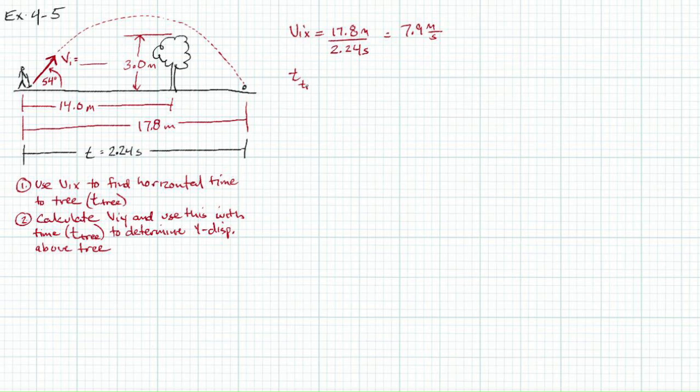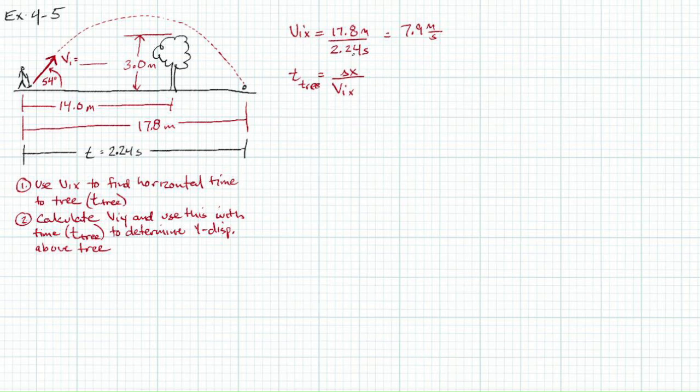Time to the tree, T-R-E-E. I'm going to write it like that. If velocity is displacement over time, then time is displacement, in this case in the x direction, over the initial velocity in the x direction. So we're solving for the time to get to the tree horizontally, which incidentally is the same time to get to it vertically, but I'm getting ahead of myself.